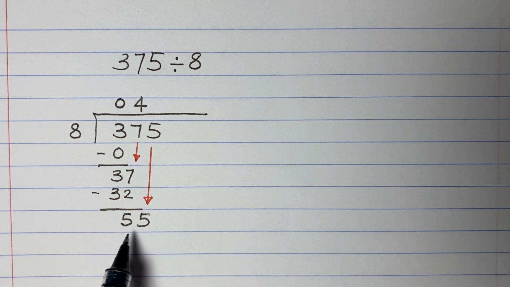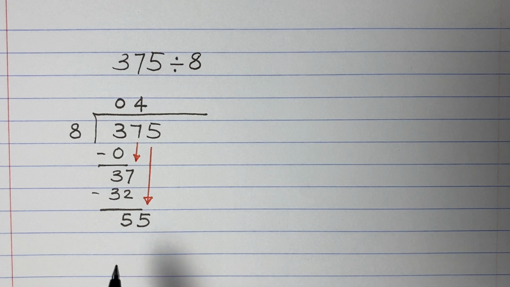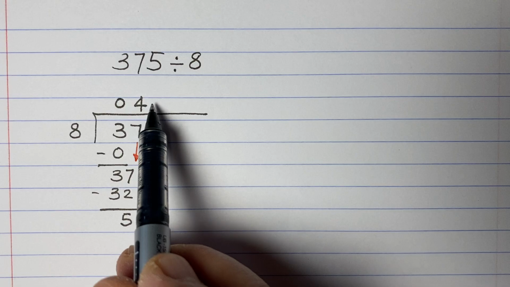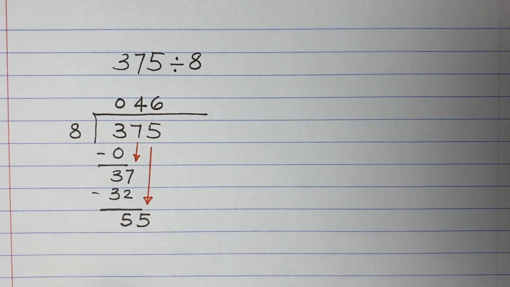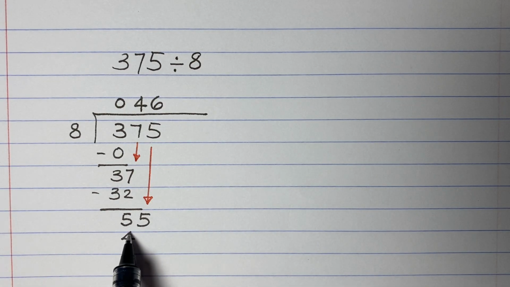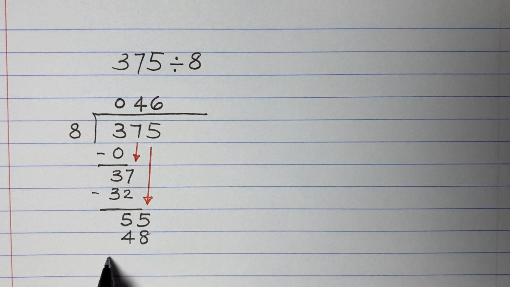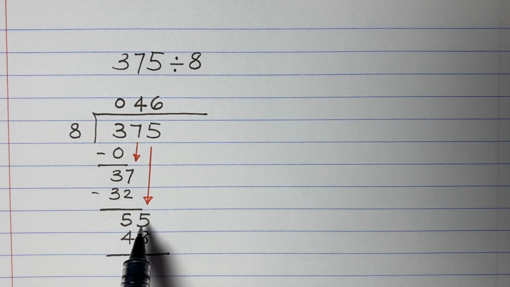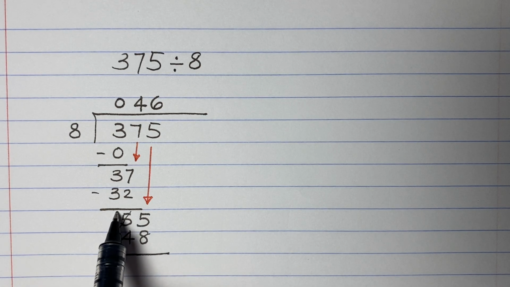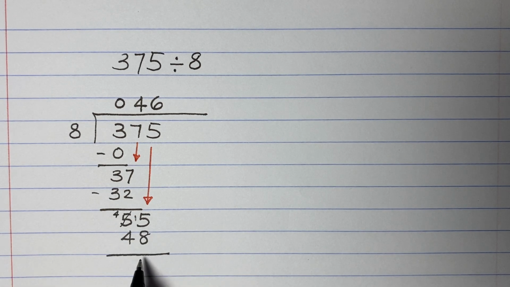How many 8 goes into 55? 7 8s are 56, so it has to be 6 then. 6 times 8, 48. When we remove, 55 take away 48 is 7. Or we can borrow 1 from here, lend here to get 7. Now, if I want to continue, this is my remainder.